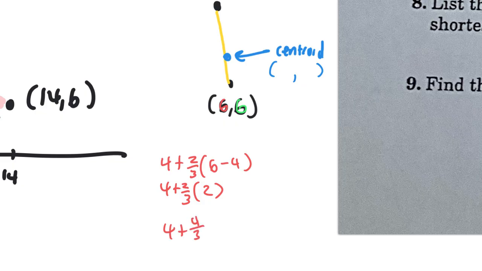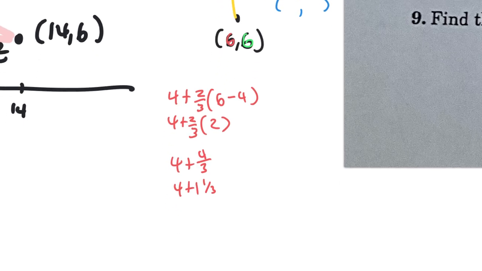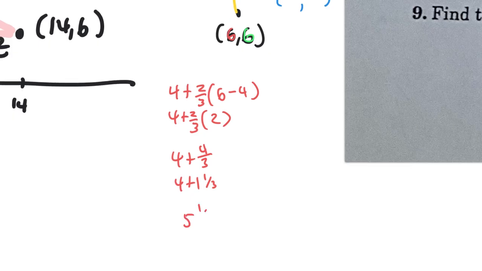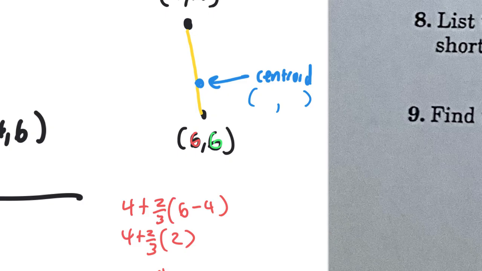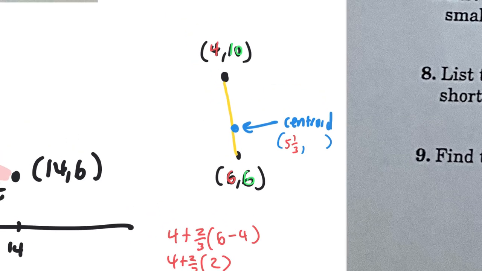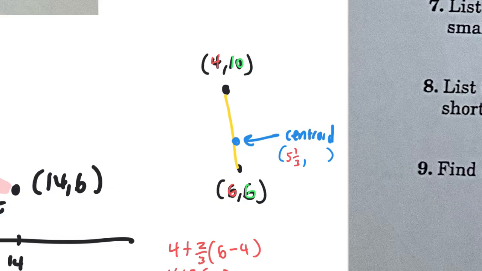Okay. 4/3 is really 1 1/3. And 4 plus that is clearly 5 1/3. Okay, so that's right here. Now think about it. Doesn't that kind of feel correct? What is the x coordinate of the centroid? Well, it's somewhere between 4 and 6. It's 5 1/3.